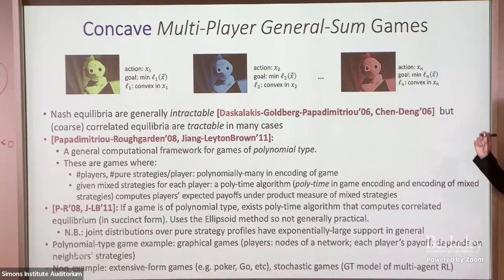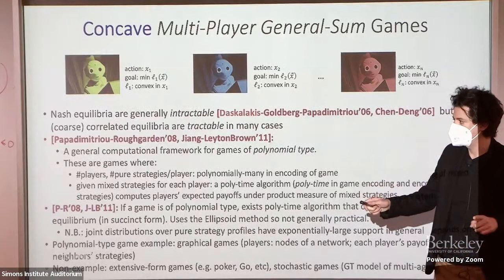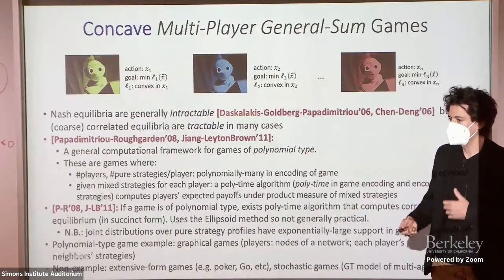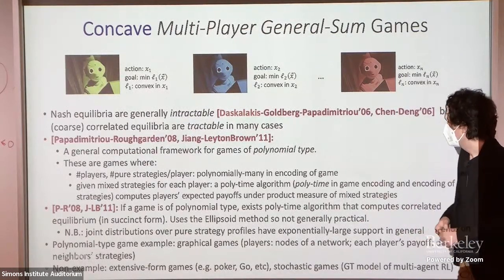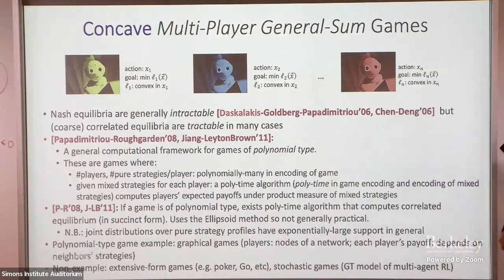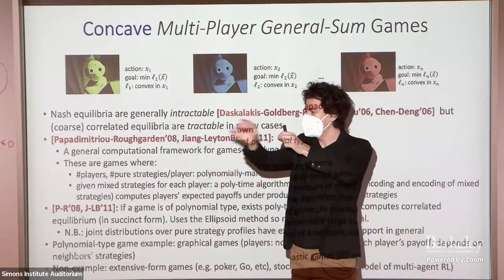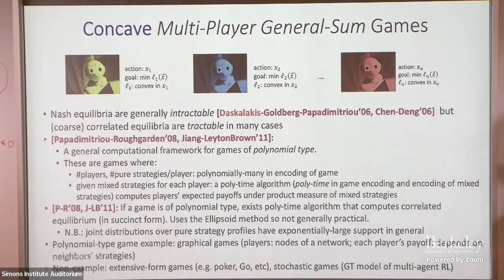An example of games that are not of polynomial type are extensive form games, which is the game theoretic model of turn-based games like poker, Go, and chess. It depends on how you describe the game, I guess, but even if you lay out the whole game tree, the number of deterministic pure strategies is exponentially many in the size of the tree.